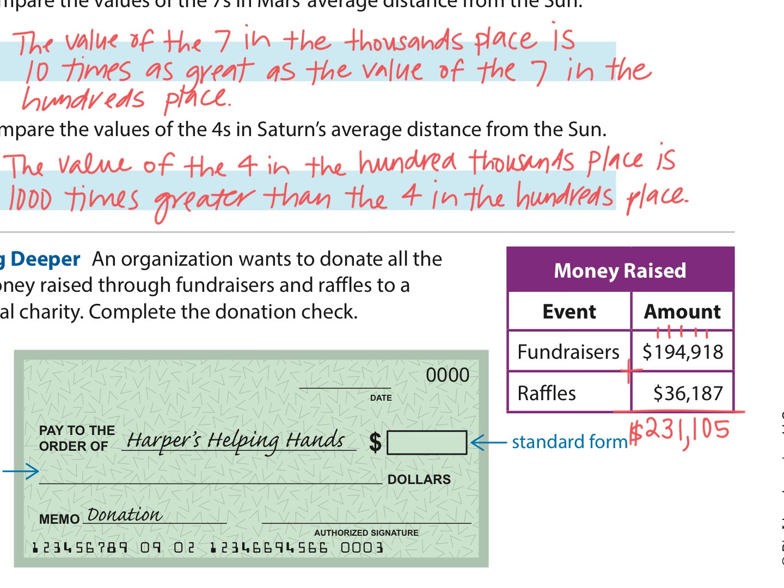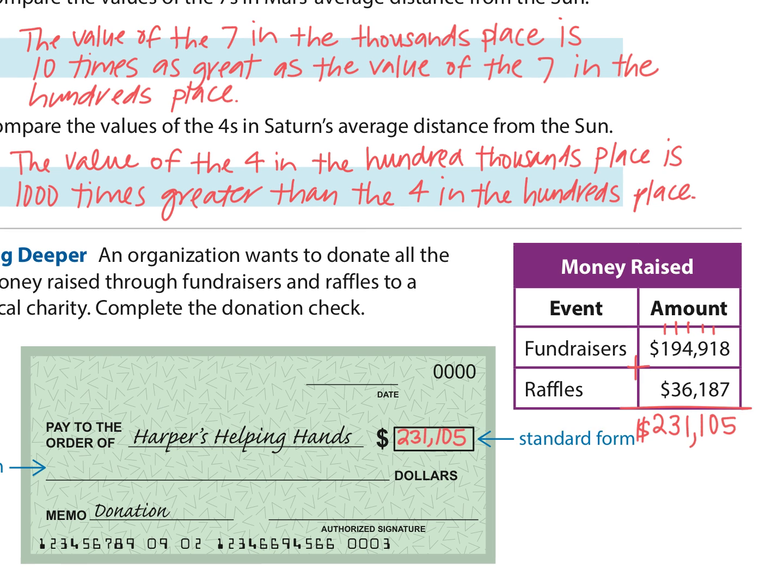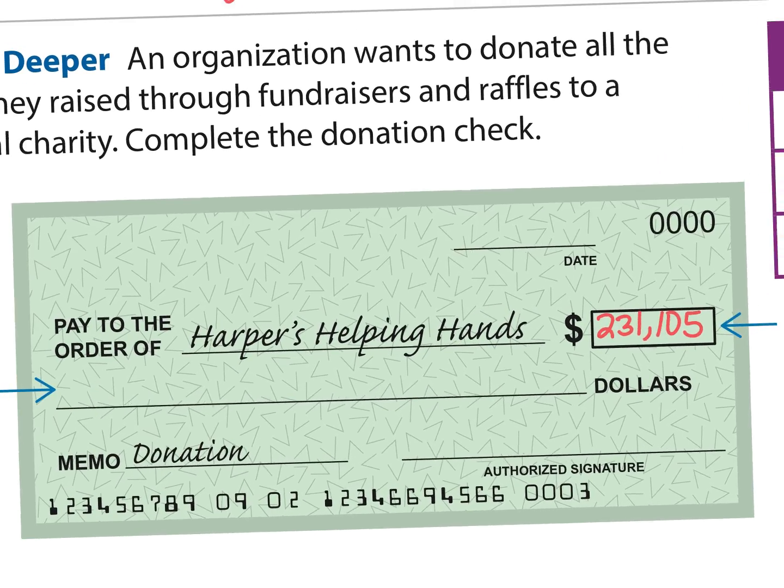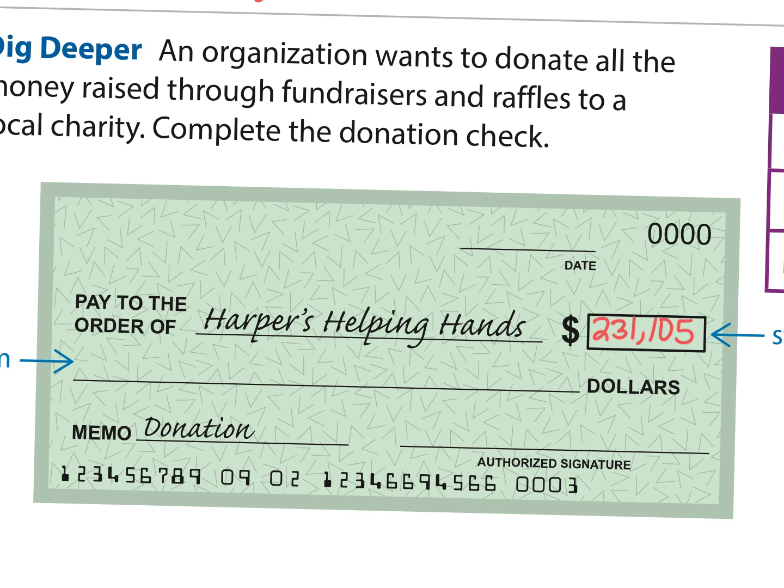So what I'll do is I will write that number right here in standard form, 231,105. And then on the line below is where you always write it out in words. So I'm going to zoom in a little bit. We'll write it in words together, and this will be the last thing that we do.